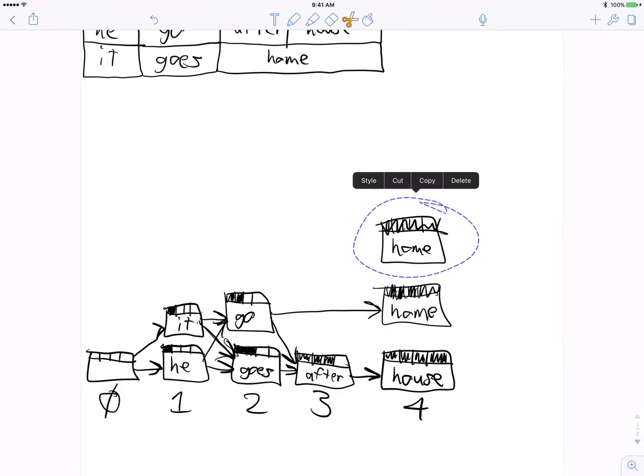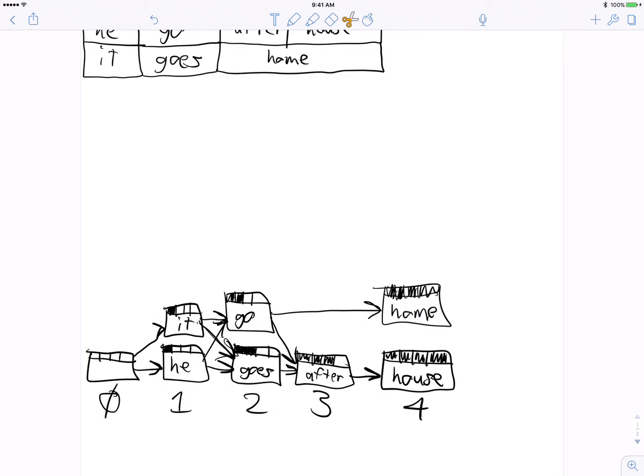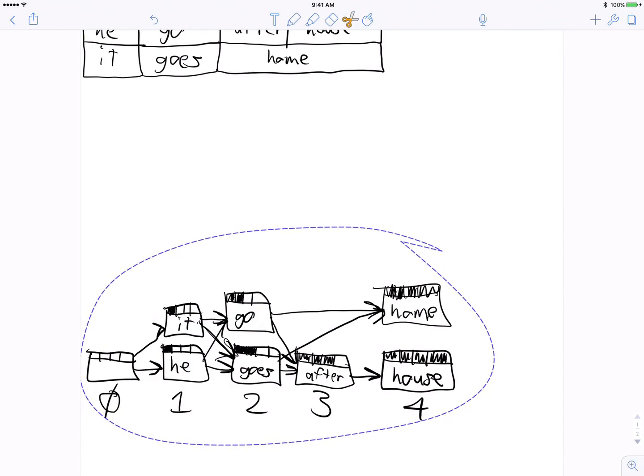And so I'm not even going to bother writing that. We're just going to connect goes to home. And this constitutes the entirety of the stack decoding algorithm for this sentence.